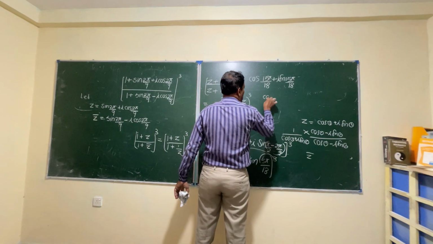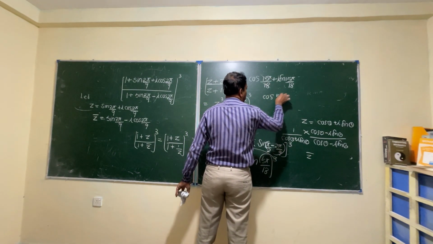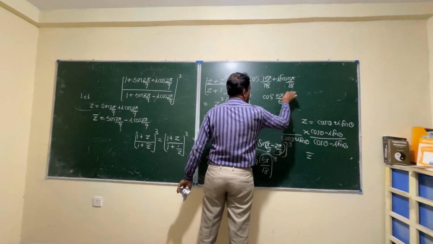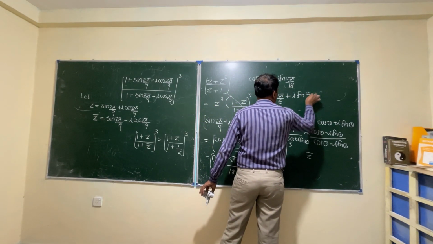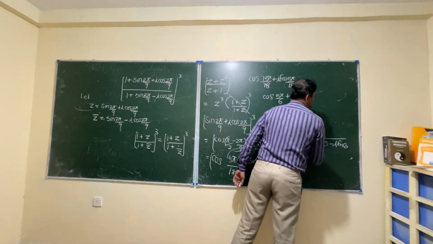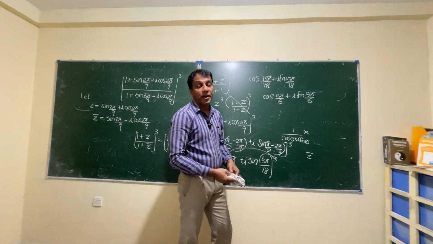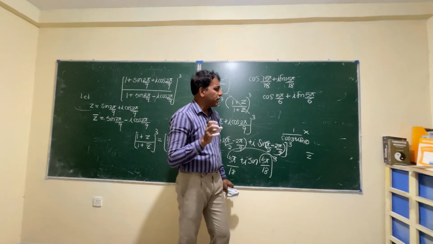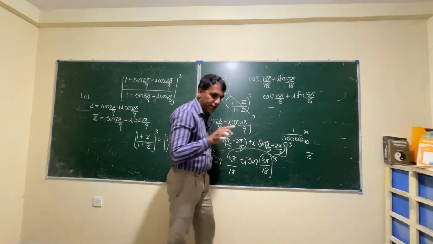So that is cos, cutting by 3, 5 pi over 6 plus i sin 150 degrees, right? Write this value using trigonometry. What is cos 5 pi by 6, that is cos 150? Second quadrant, so minus cos 30.